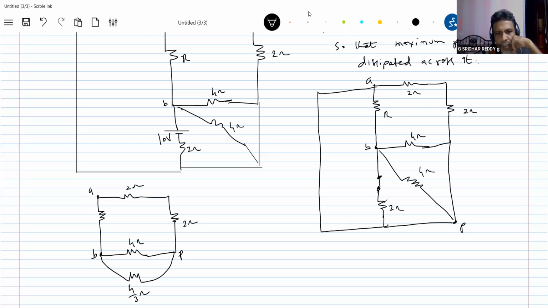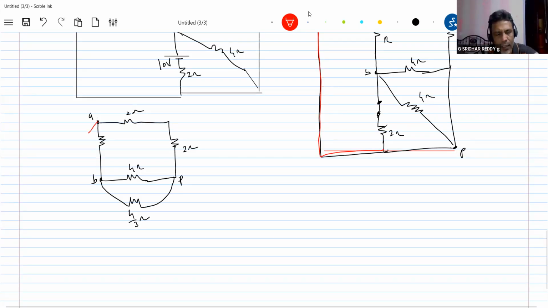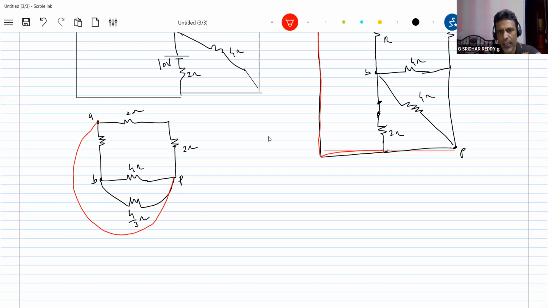And where is that wire? The wire should come from this wire. I'll put a red color, so let's retain it throughout the problem. There's nothing but a connection to point P. Now that wire should continue, because it is also connected to the other resistance.